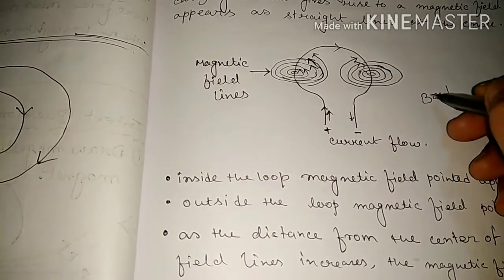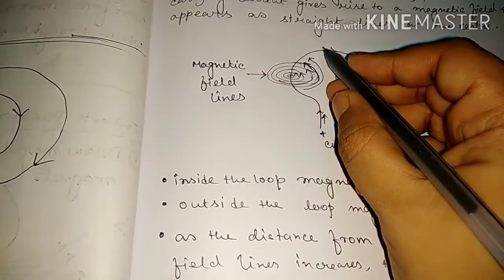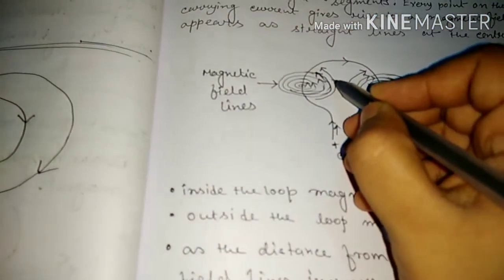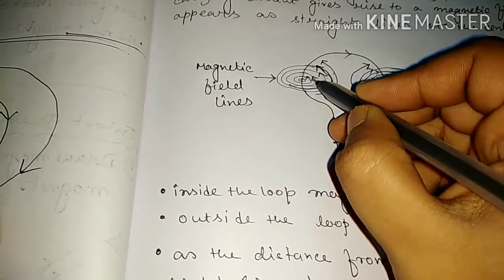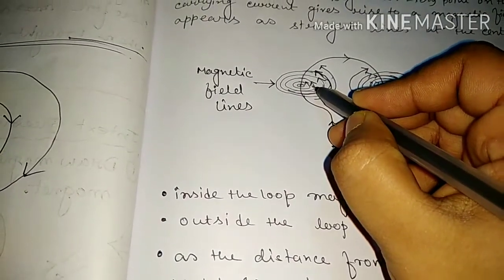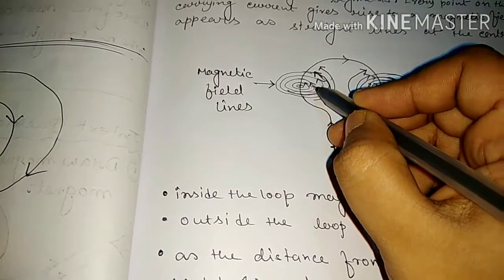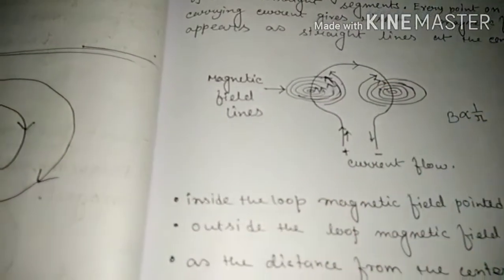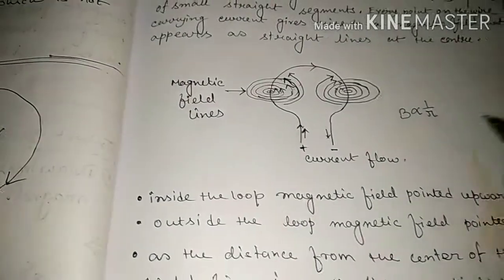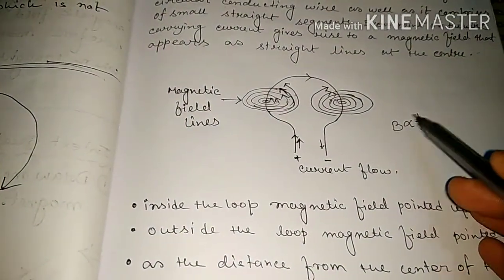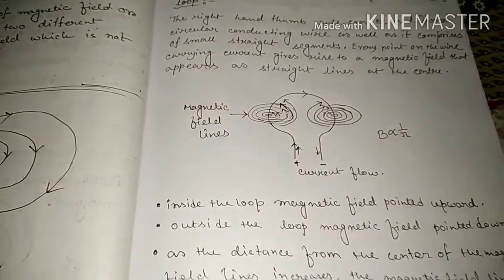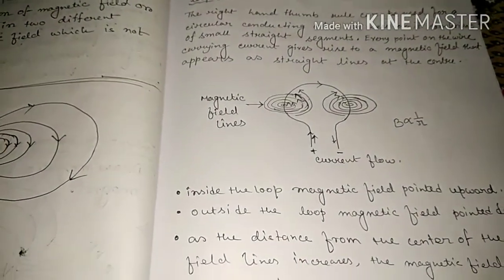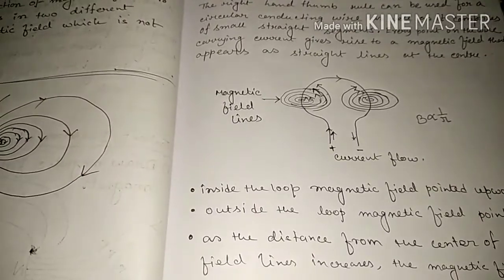Comparing the strength of the magnetic field at these two places, which one is more? This one is more, because its distance from the center is less. So we can say that the magnetic field B is inversely proportional to the distance from the center, or the radius of the concentric circles.